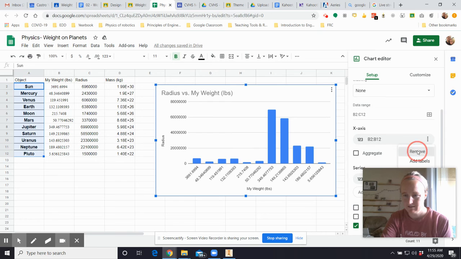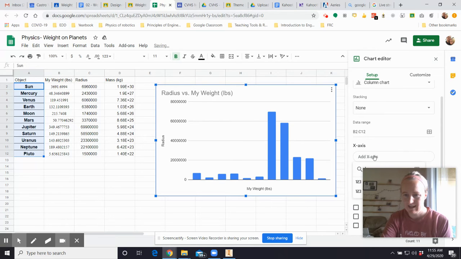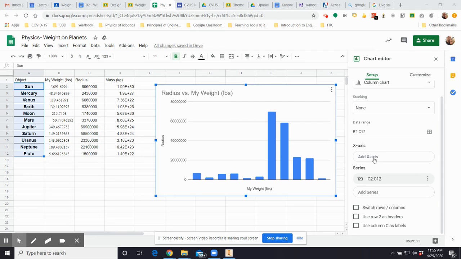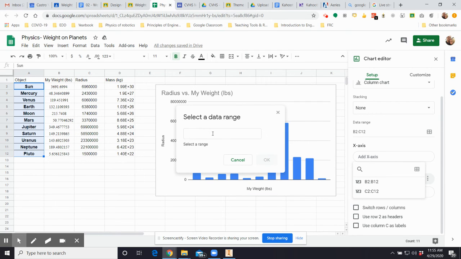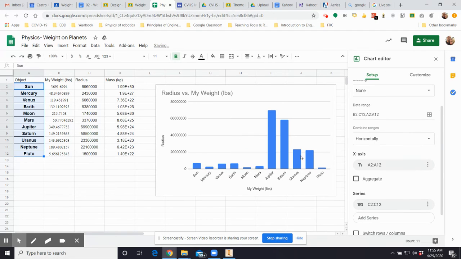So if I click here, so if we want to add an x-axis, we can go ahead and select a data range. So we can select this range, say OK. So that can be our Jupiter. So our y-axis could be the radius. We could look at the radius.